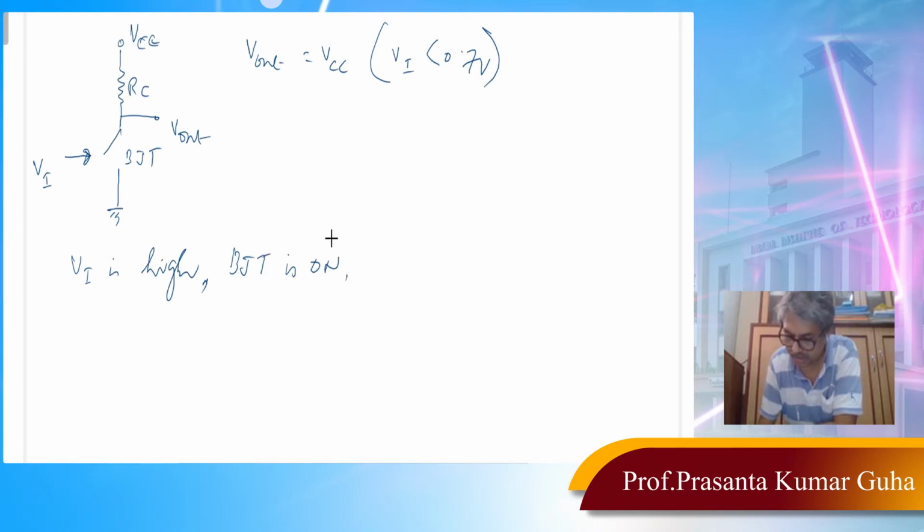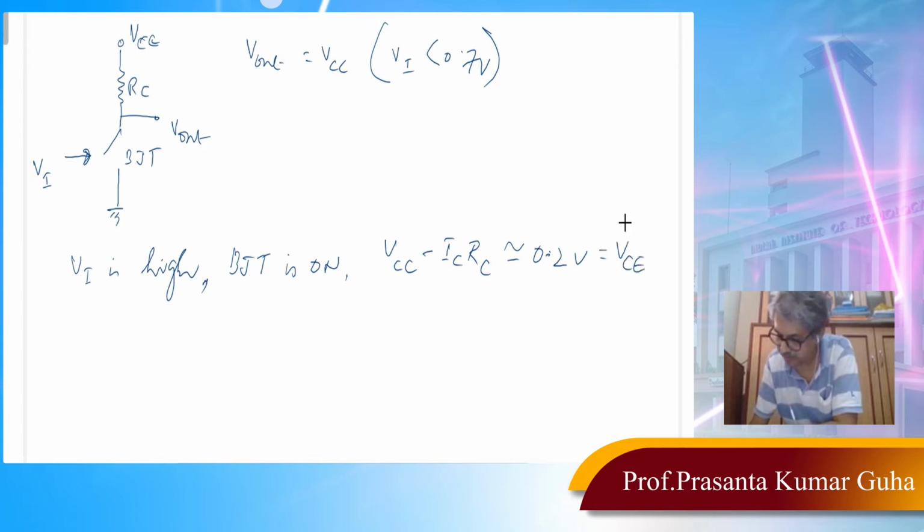Not only is it on, the IC is large enough so that almost the entire voltage will be across RC. So V out is nearly equal to 0.2 volt. The rule of thumb is we assume VCE is equal to 0.2 volt at VCE sat. VCE saturation, we usually assume 0.2 volt. That is basically in deep saturation.